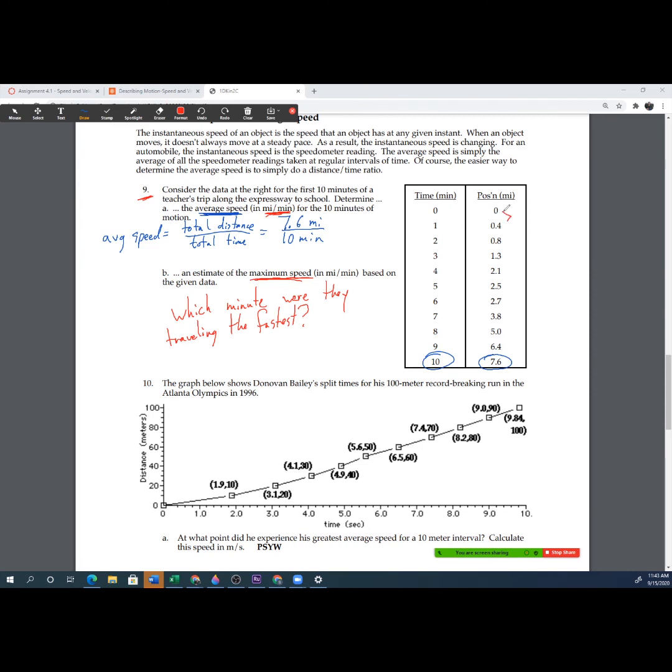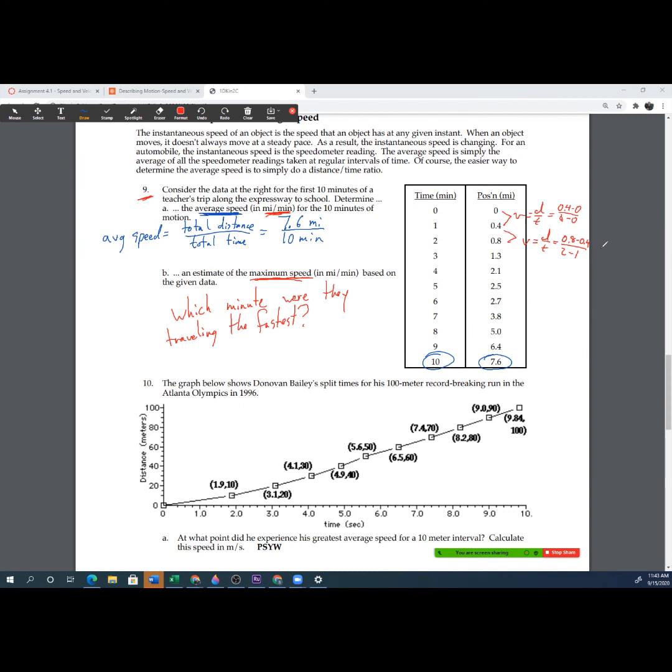So you're going to have to find the velocity, distance over time, just here. 0.4 minus 0 over 1 minus 0. And then you're going to have to do it here. Distance over time will be, you travel 0.8 minus 0.4, over 2 minus 1. And you do want to do kind of more the velocity equation because, like say, going from minute 1 to minute 2, you really only traveled 0.4 miles.